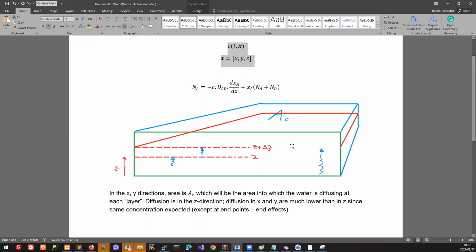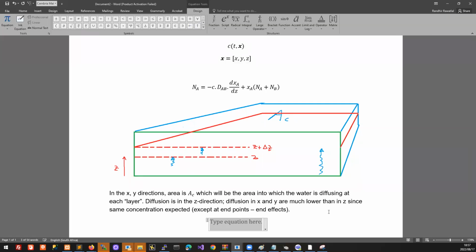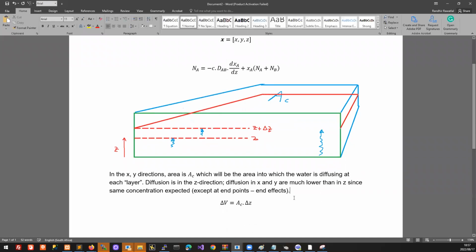Okay, now what we want to do is write a balance over this control volume. So we've defined the small volume between Z and Z plus delta Z. So we can say the volume of the space, delta V, is equal to that area times the distance between Z plus delta Z and Z, which is delta Z. So that's the volume of our space, right?